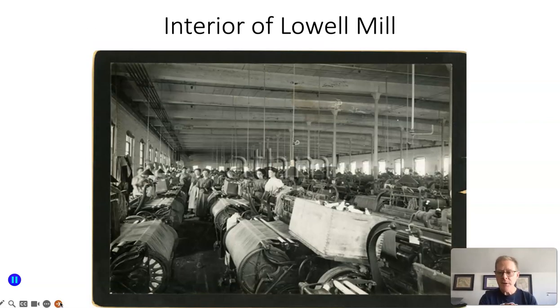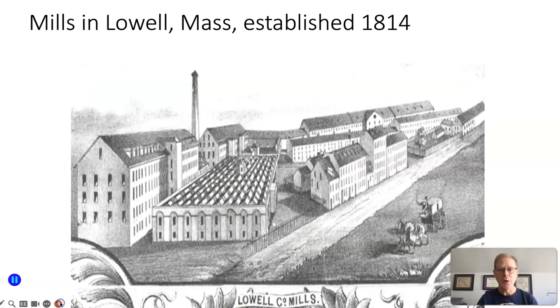Anyway, as I said then, the major exports from East Africa globally are going to be ivory and gum copal through the 19th century in exchange for cloth, especially cloth from Lowell, Massachusetts. And this is the interior of one of those mills. You probably studied this in U.S. history. I'm sure you did. This is the site of early industrial manufacturing in the United States, textile manufacturing in Lowell, Massachusetts, established in 1814.